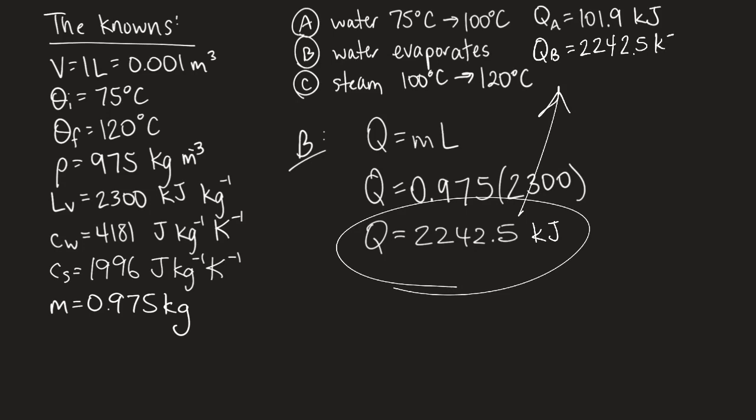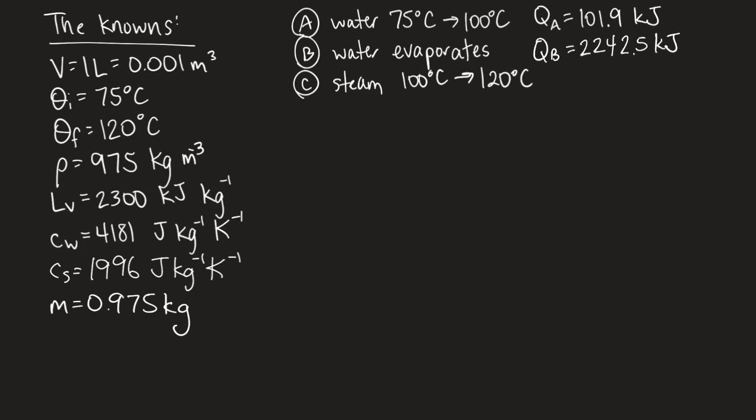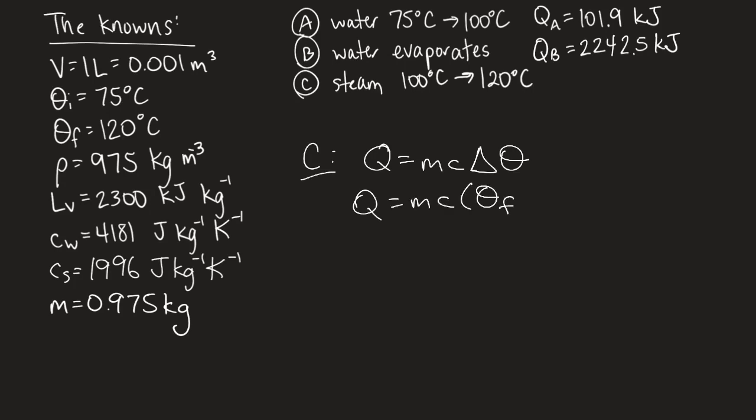2242.5 kilojoules. And then we need to take a look at what we've labelled as part C, or heating up the steam. And again, it's a temperature change, so we want to use Q equals mc delta theta. And when we're using this, our final and initial temperatures, again, aren't the final and initial temperatures given in the question.